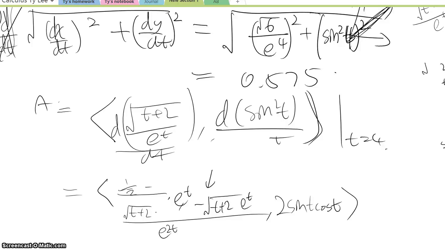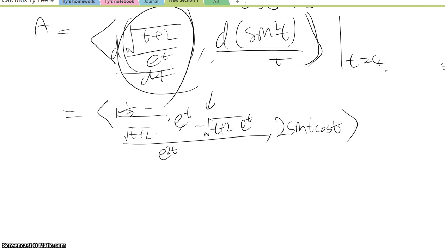And the last part, D, is asking me to get the distance traveled by the particle from time t equals 2 to 4. It's that easy. Distance traveled is taking the diagonal segment of the total function and integrating it over this segment. So it's going to be the integral of the square root of (dx/dt) squared plus (dy/dt) squared, dt.